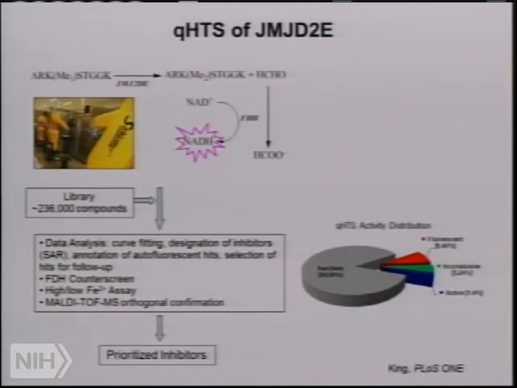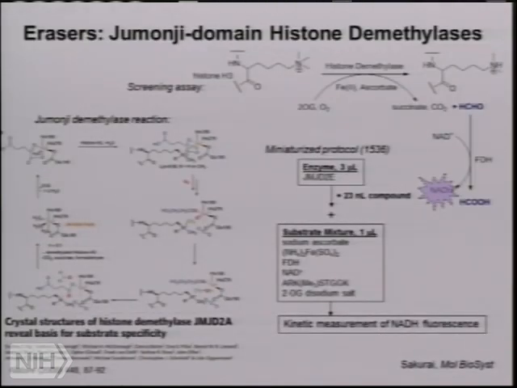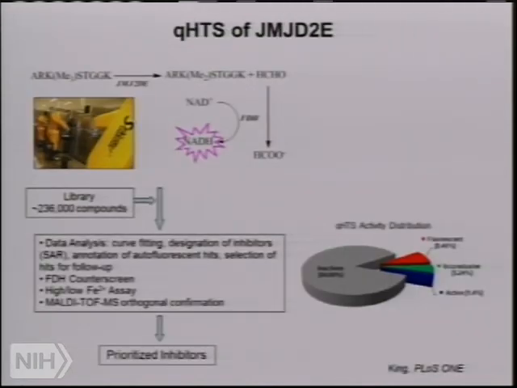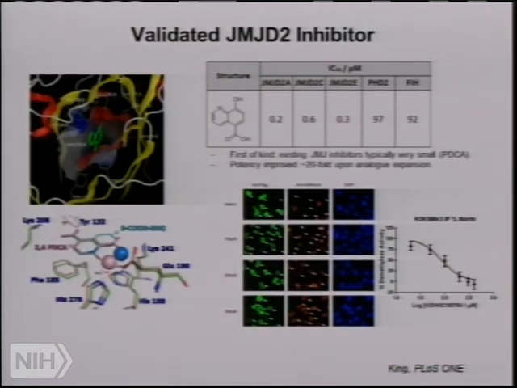So we ran a screen using this coupled assay. We followed the screen with a lot of cheminformatics analysis, looking at fluorescence interference by the small molecule hits, looking at the curve quality, performing a counter screen for inhibitors of this coupling enzyme, which may show up as hits in the screen, confirming the inhibitory activity, running a mass spec-based assay. And here is one of the inhibitors that we arrived at.